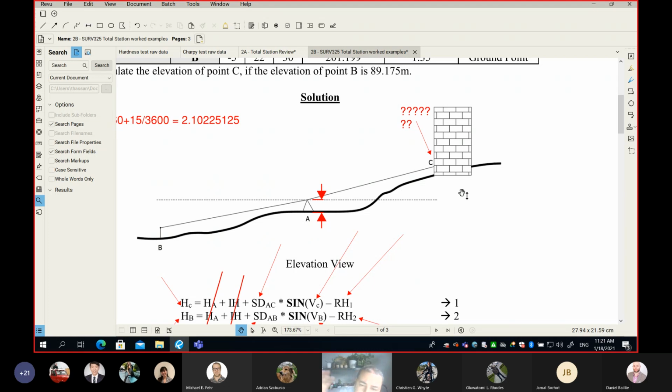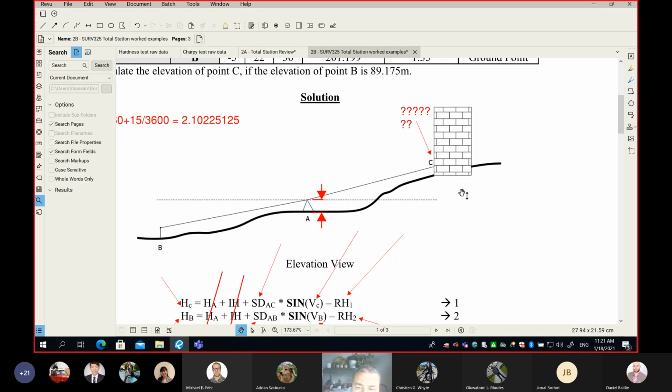For example, let's say this measurement you see on my screen happened today, and I come back and repeat the same process one more time, exactly the same. So I have a building and somebody asks me, can you please check if the building is settling? I say, yes, sir, I can do that. I come today, I put my benchmark point B away from the building in a stable area.